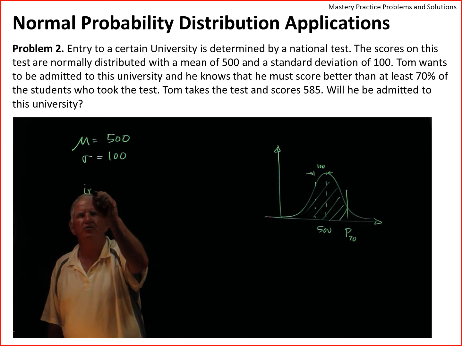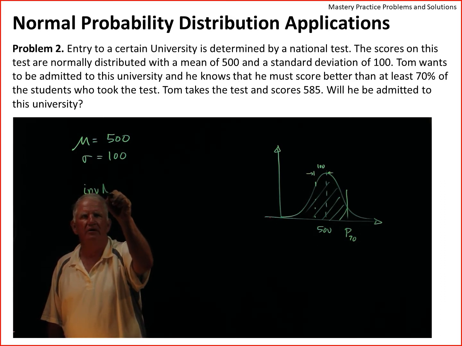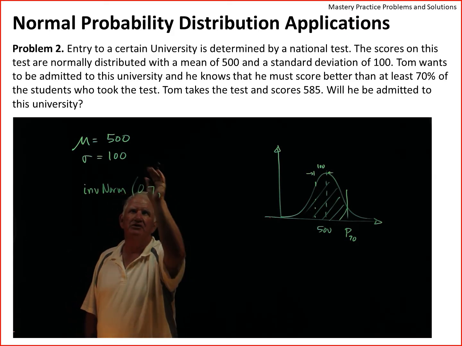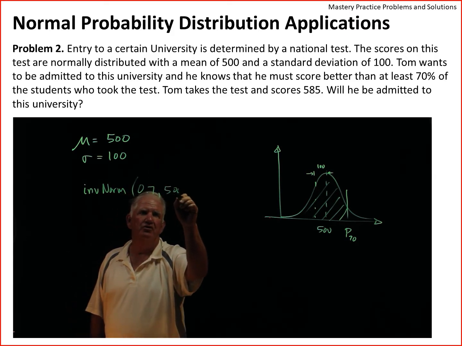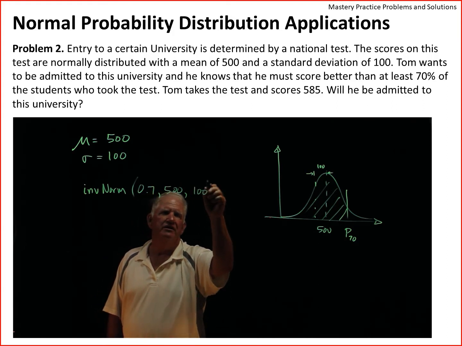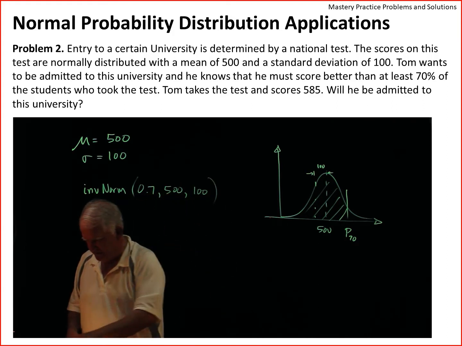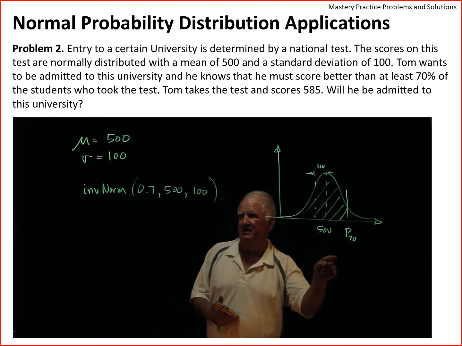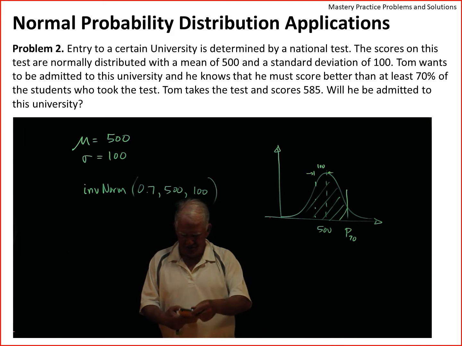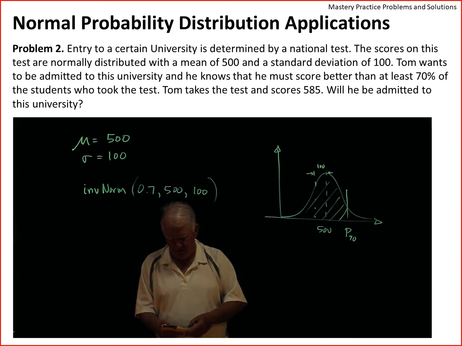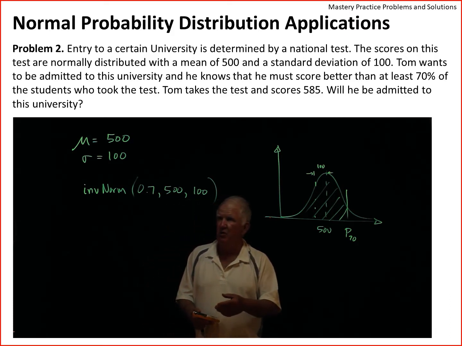So all we need to do is to calculate inverse norm of 70% for this distribution, the one with a mean of 500 and a standard deviation of 100. What inverse norm kicks out in this case is P70, all right? So I turn the calculator on, I hit second distribution, I look for inverse norm. It asks me what's the area.